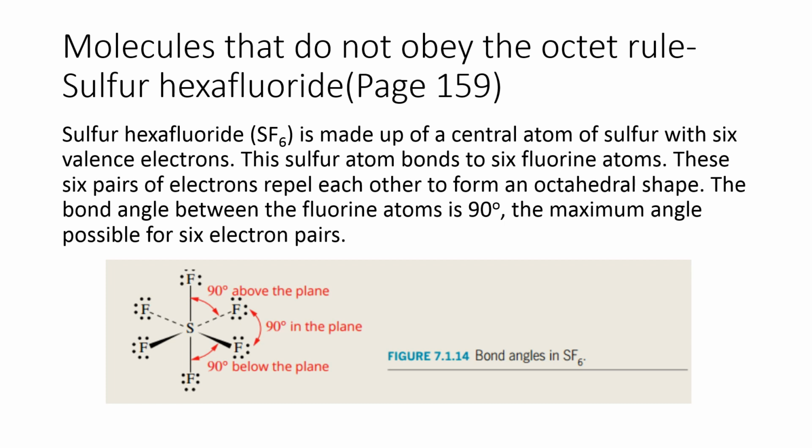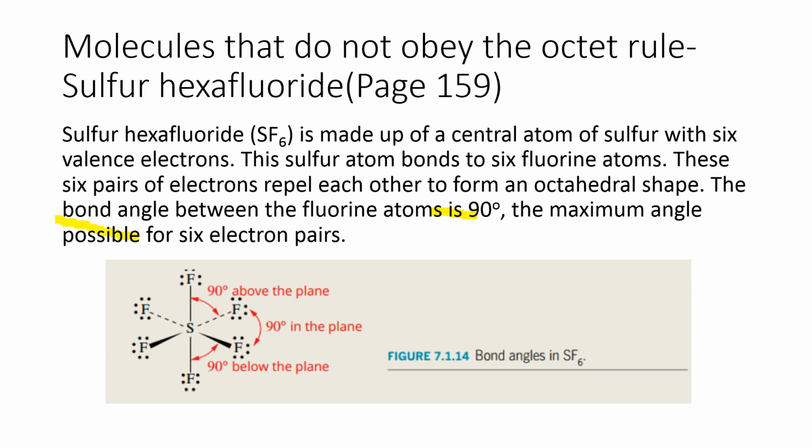You have a structure which is SF6. Sulfur will share 1 valence electron with each fluorine atom. And because of that, it will have more than 8 valence electrons in the outer shell. So 6 plus 6, you get 12 valence electrons in the outer shell at the end, and the bond angle between the fluorine atoms is 90 degrees, the maximum angle possible for 6 electron pairs.